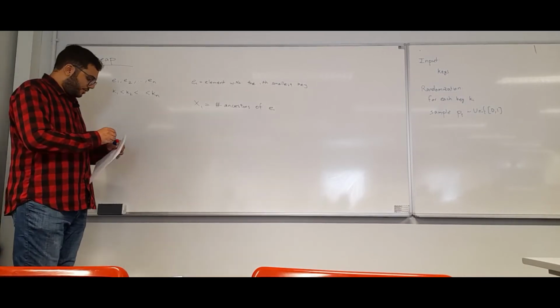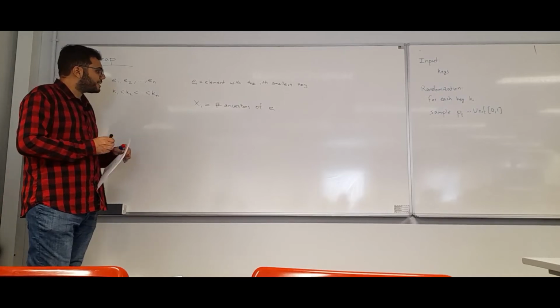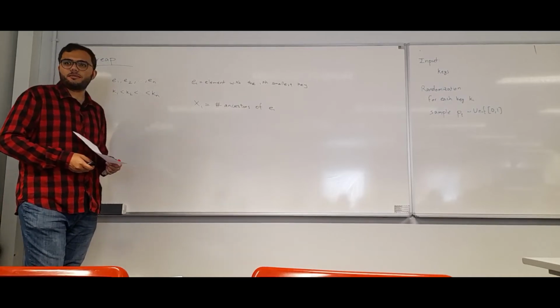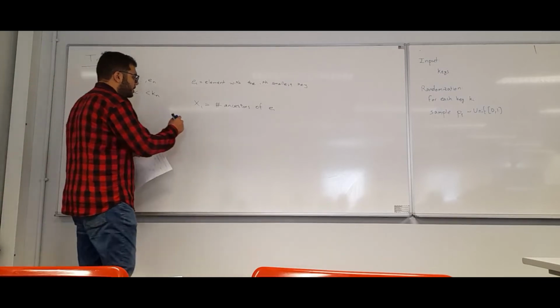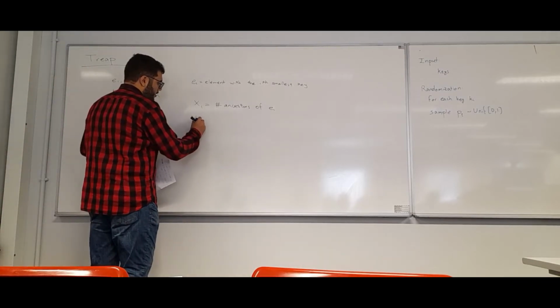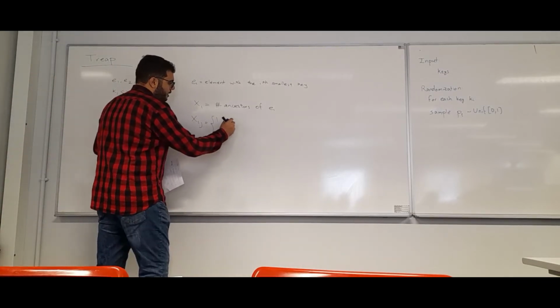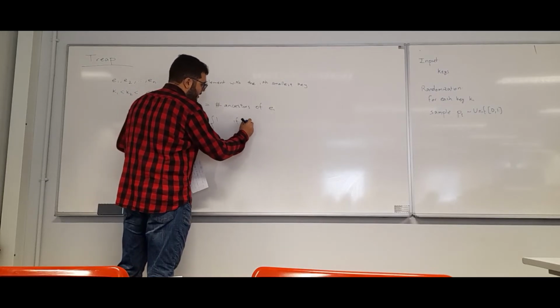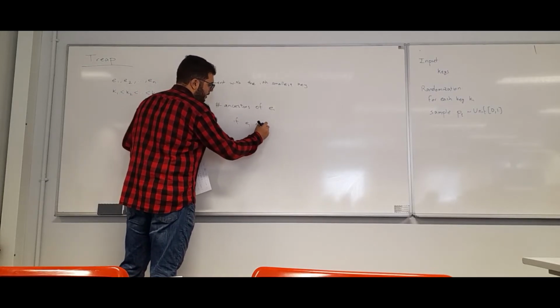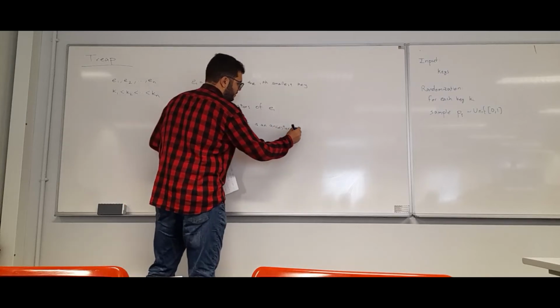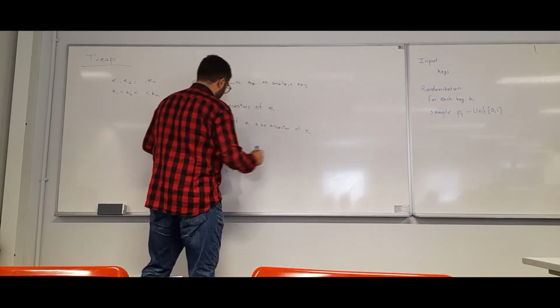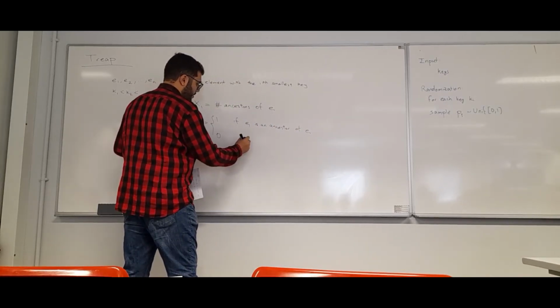Okay, now I want again to write xi as a sum of indicator variables. So I can just define an indicator variable xij, which is 1 if ej is an ancestor of ei, and 0 otherwise.